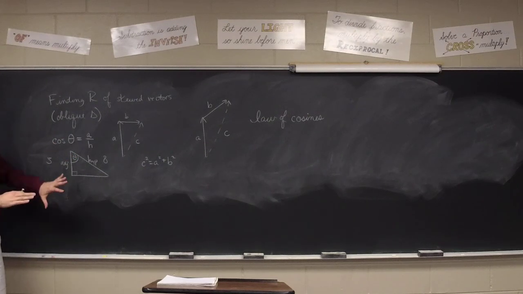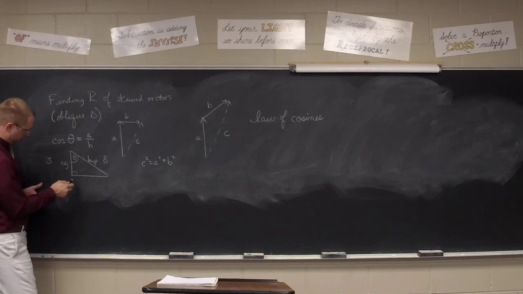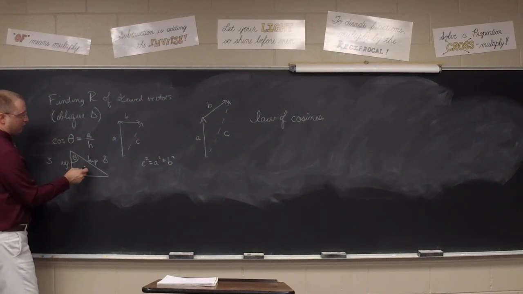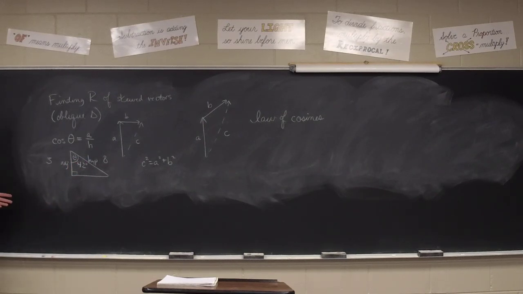For now though, you don't even need to know that much, you just need to know how to use the cosine button, which means if you knew this was, for instance, a 42-degree angle, let's just make something up, you just type in the 42 on the calculator, the cosine button, it would give you the cosine. Go ahead and give me, what is the cosine of 42 degrees anyway?